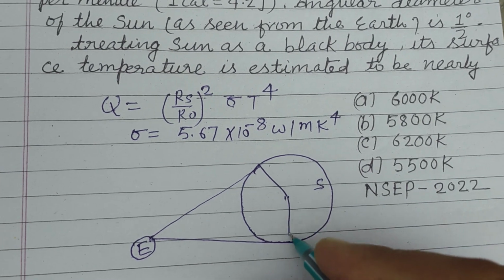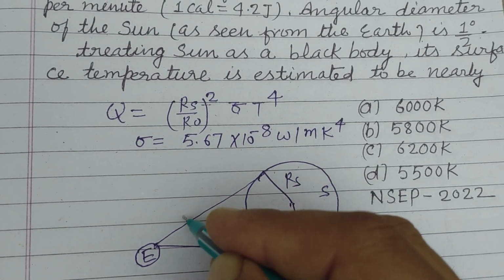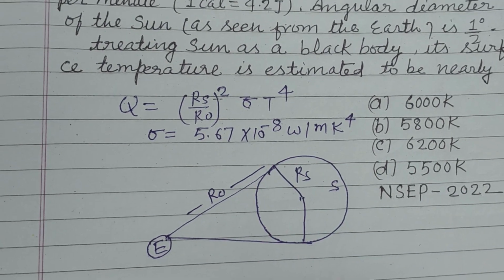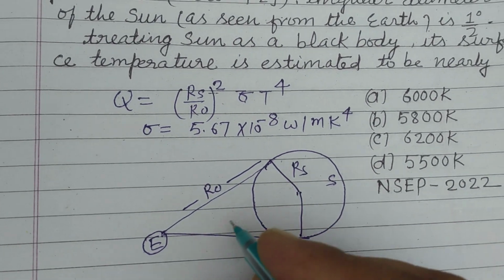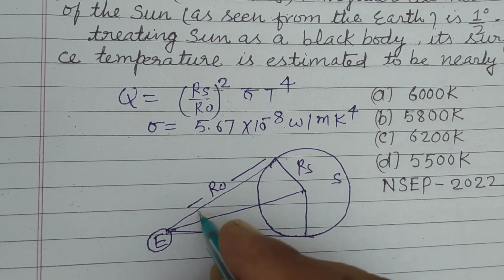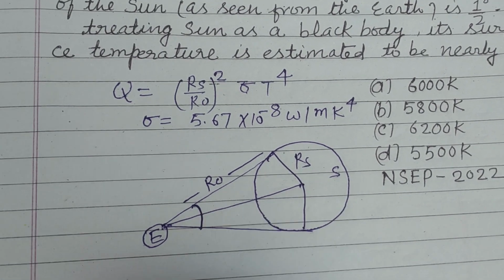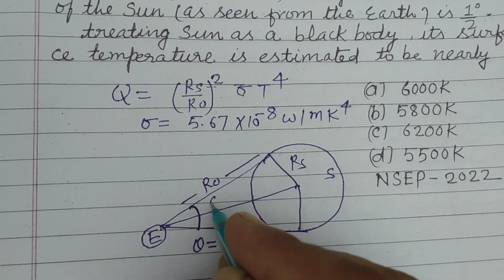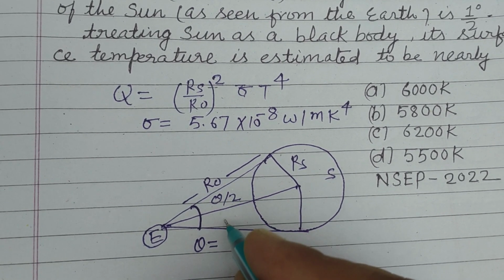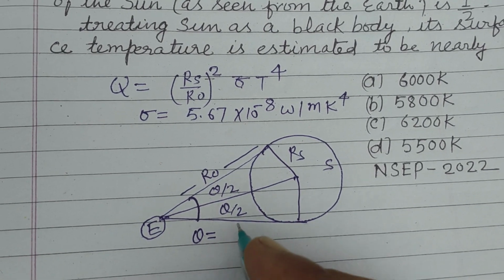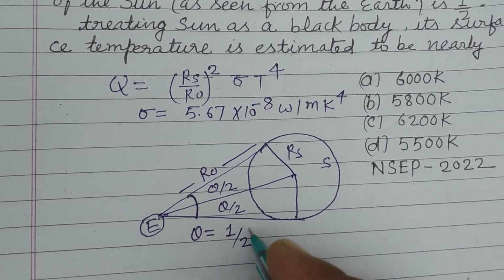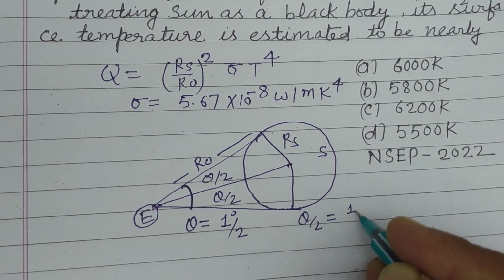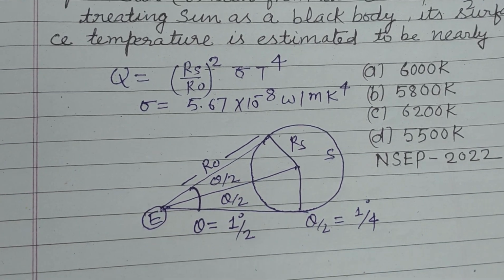This is the radius of the sun, which is taken as Rs, and this is the distance R0 from the earth to the sun. This angular diameter is given, which is theta, and this is theta by 2, and this is theta by 2. Theta is given to us as 1 by 2 degree. Therefore, theta by 2 is equal to 1 by 4 degree.